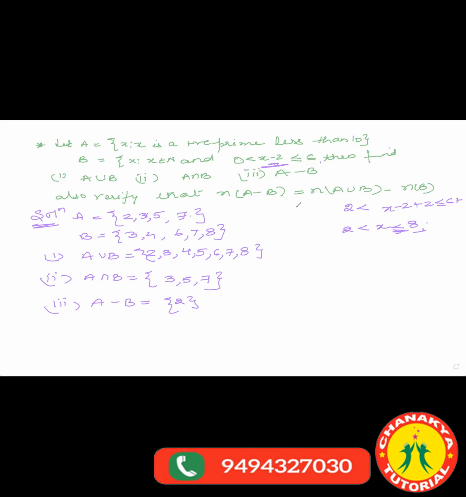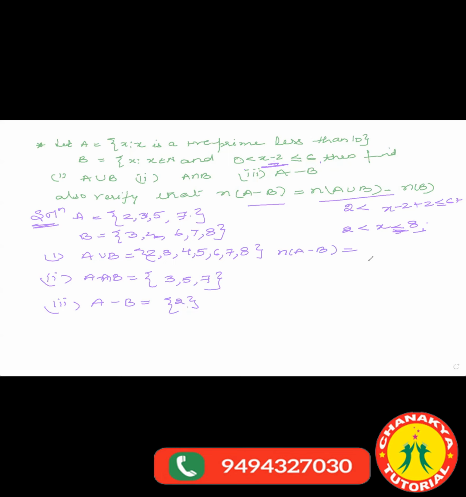Now, just check this. n(A minus B) is equal to n(A union B) minus the number of elements in B. Now, first of all, write the elements of A minus B, beta.